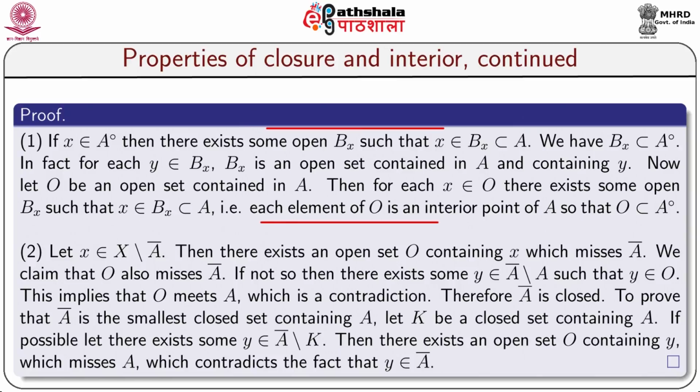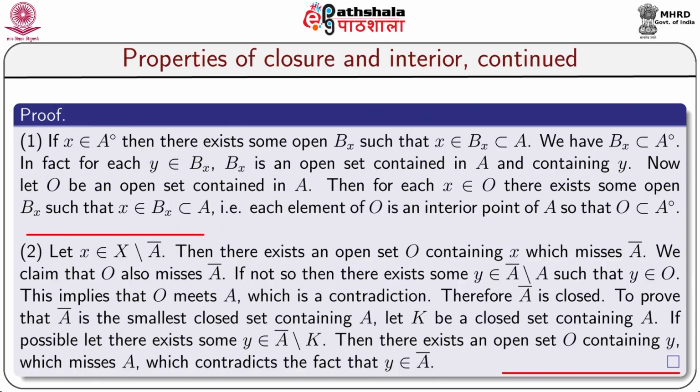Now let O be an open set contained in A. Then for each x belongs to O, there exists some open set B such that x belongs to B contained in A. This follows from the definition. That is, each element of O is an interior point of A, so that O is a subset of A interior.